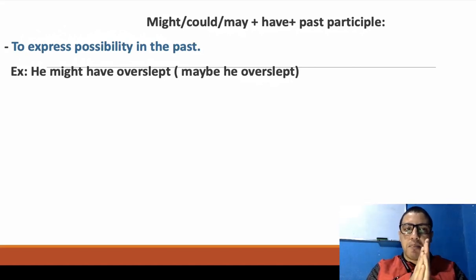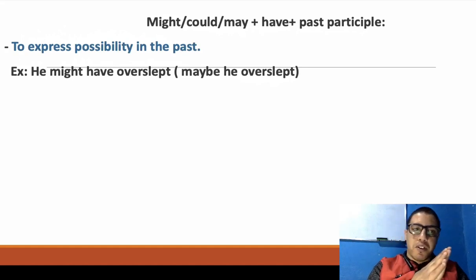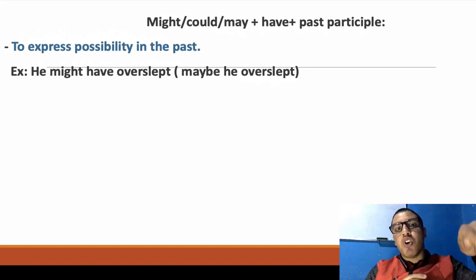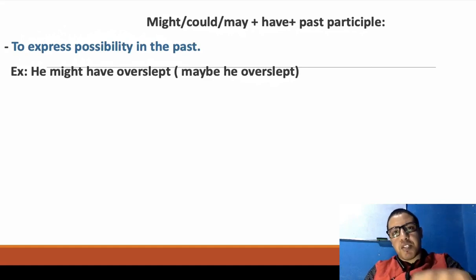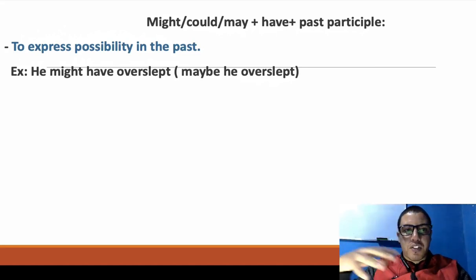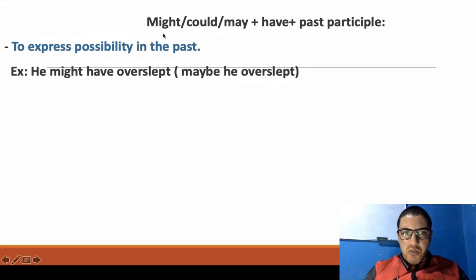Possibility means simply maybe yes, maybe no. We are not sure. Please remember that if you are sure, you are going to use must plus have plus past participle. But if you are not sure, it means maybe yes, maybe no, you need to use might, could, and may plus have plus past participle.